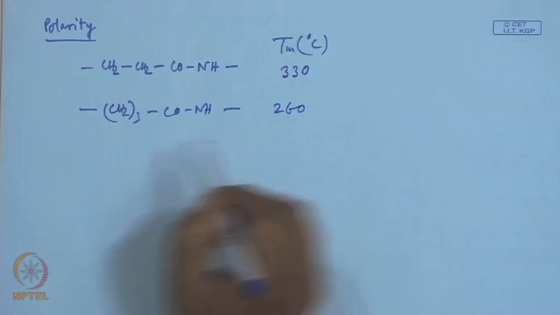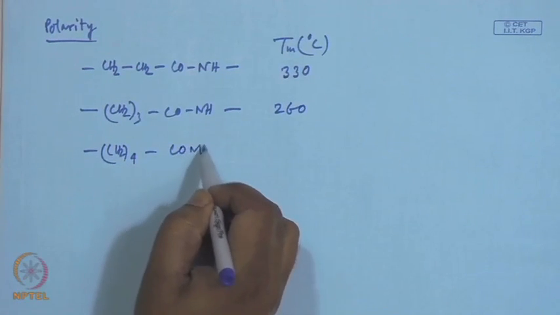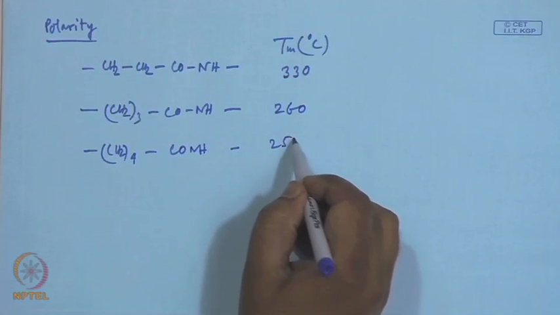So, 260 degree. If you increase further, then Tm goes down further.